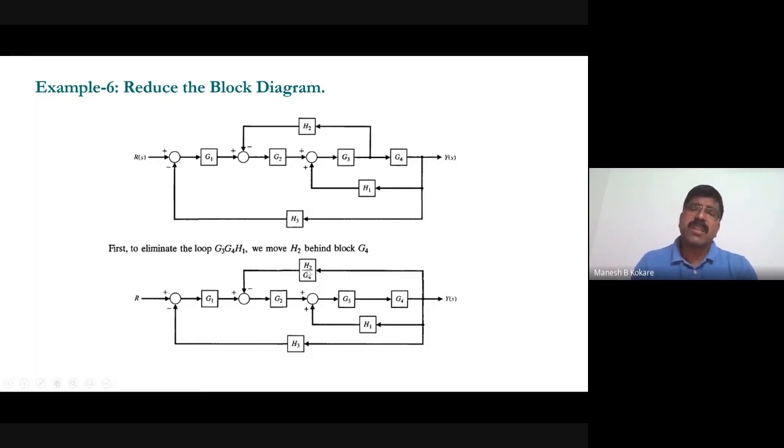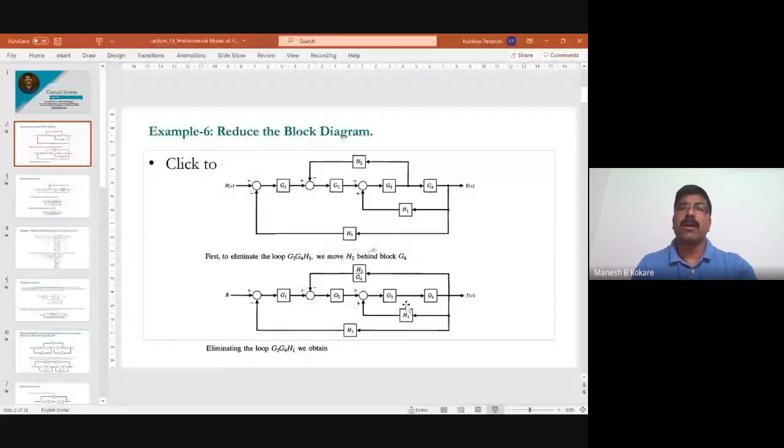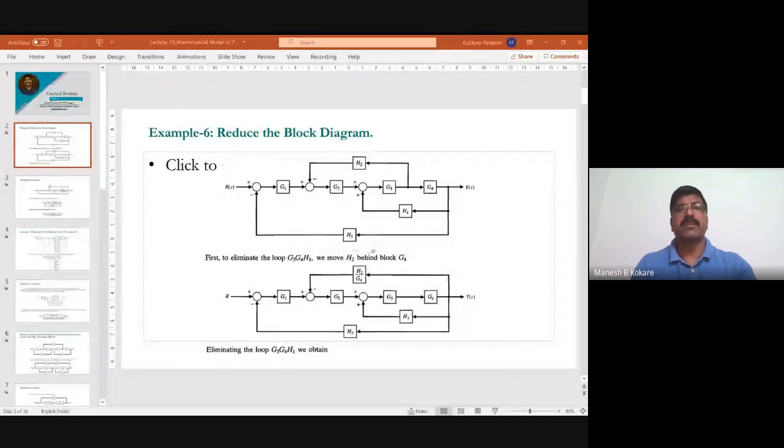Now, after shifting this takeoff point here, Z3 and Z4 are in cascade, so we can directly multiply the transfer functions and get one block only, which will be in a loop with this one. So you can apply the loop formula. First apply the cascade formula, reducing Z3 and Z4 into a single block, and then reduce the loop into a single block.